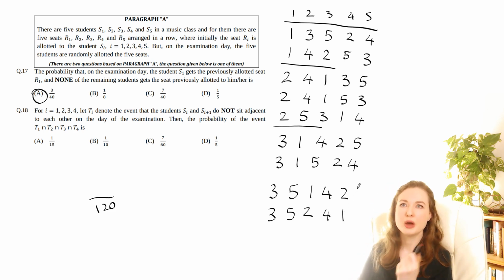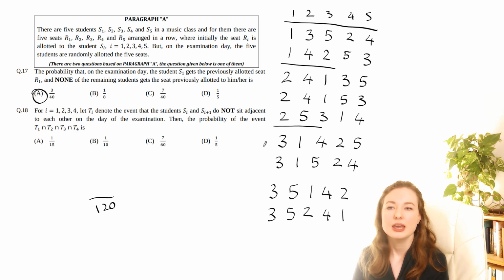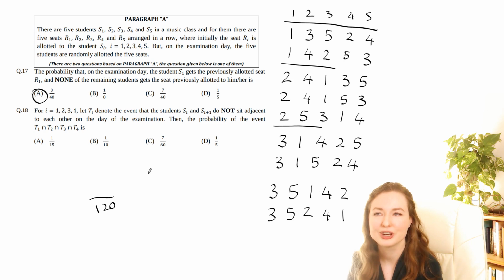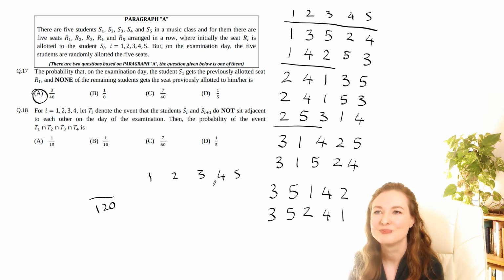Now, what you might notice at this point is that this one is what I would call a sort of mirror image of this one. By mirror image, I mean, well, it's not really a mirror image, but it's what you would get replacing 1 with 5 and 2 with 4, leaving 3 as a 3.